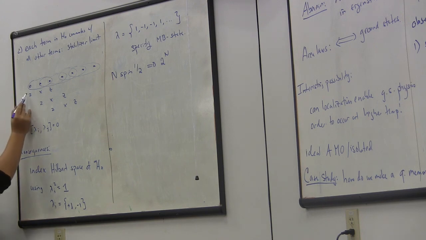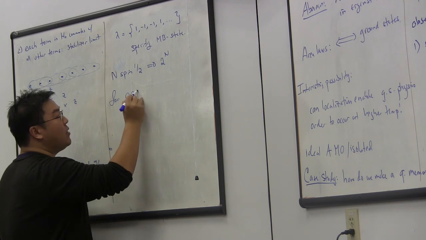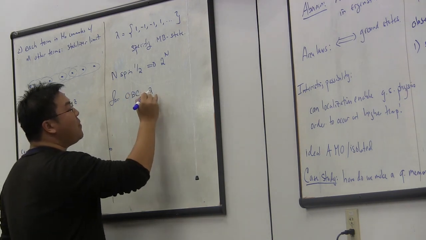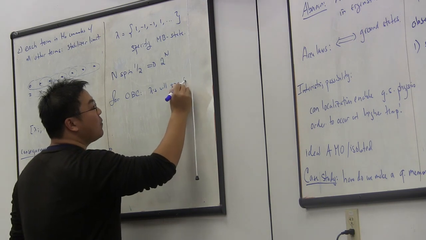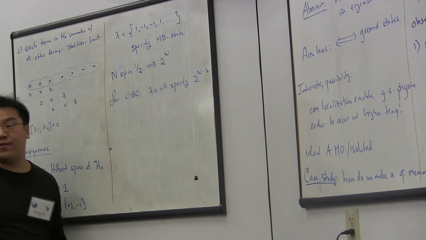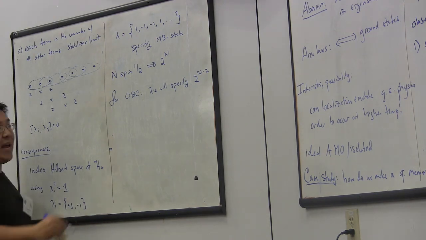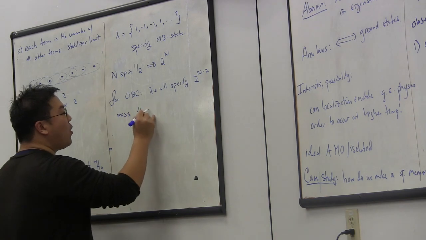But you notice that actually the chain has 7 particles but only 5 lambdas. And this will always be true when one has open boundary conditions. For open boundary conditions, the lambdas will specify 2 to the n minus 2 states of the Hilbert space, and it will miss 4 states.